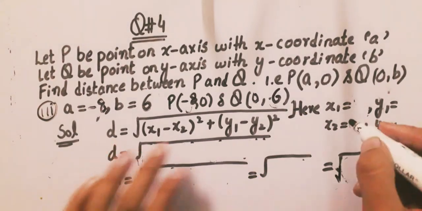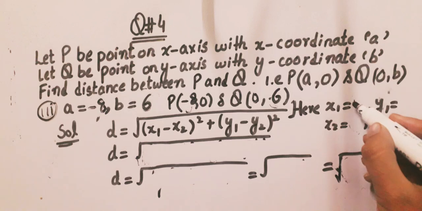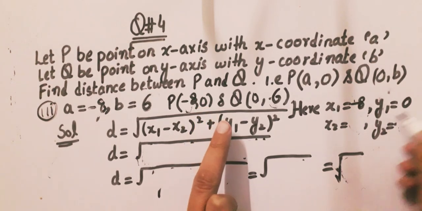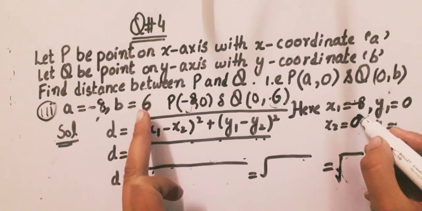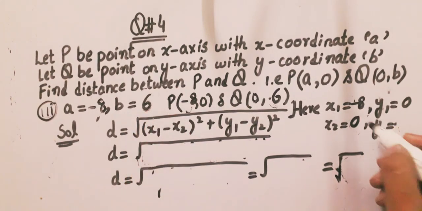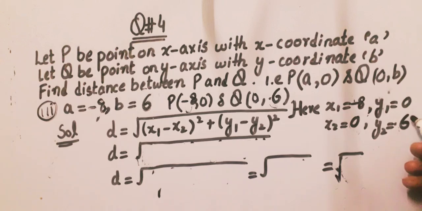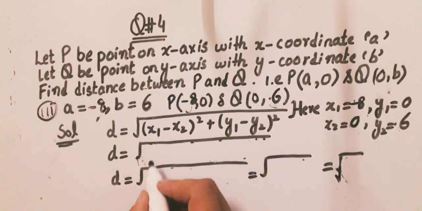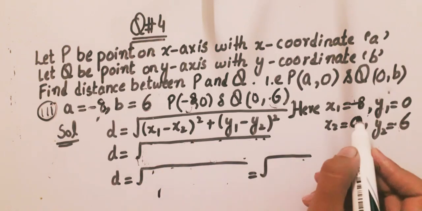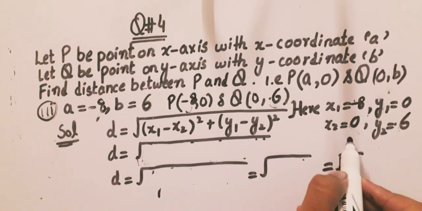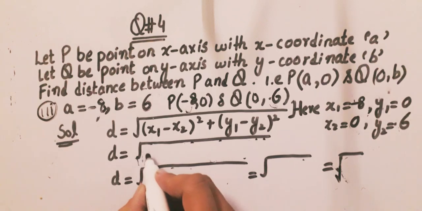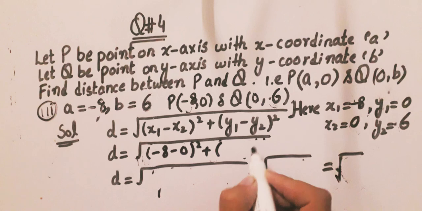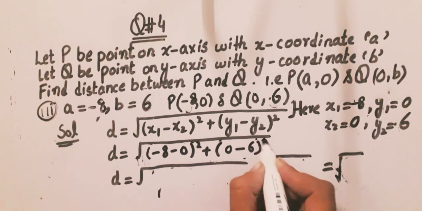Now x1 is equal to -8 and the value of y1 is 0. x2 is 0 and the value of y2 is 6. So we will use these values in this. x1 minus x2 means -8 minus 0 whole square, plus y1 minus y2 means 0 minus 6 whole square.